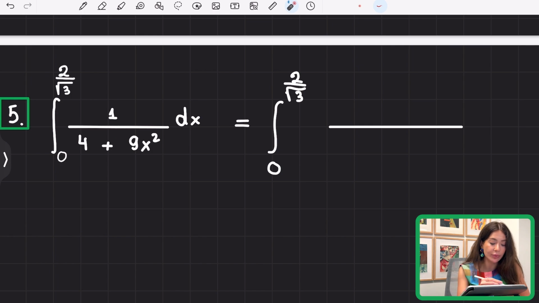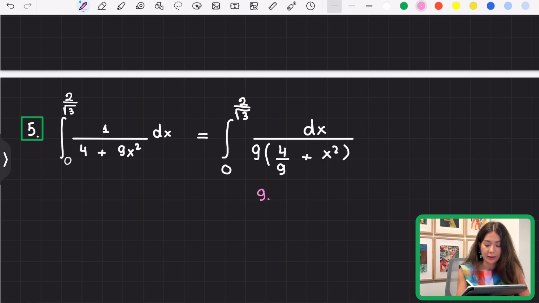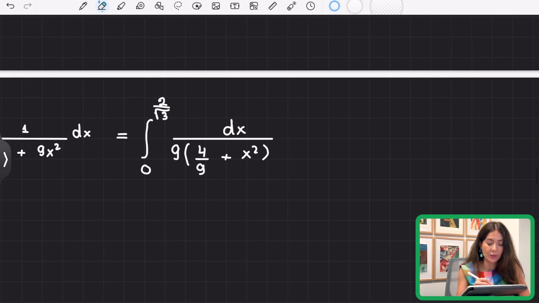So I need to bring this 9 out of the parentheses. And the way that I can do that is I can divide this by 9 and then x squared. And if you're worried that I may have made a mistake, you can just put this back, right? And you see that this gets canceled. So you have exactly what you started with.